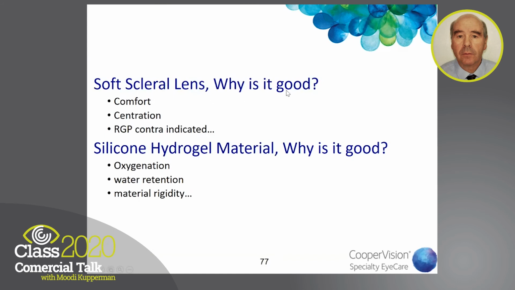Soft scleral lenses, why are they good? Comfort, centration, and for cases where RGP is contraindicated. Silicone hydrogel material: we make these lenses only from silicone hydrogel. Why is it good? Oxygen, water retention, and material rigidity.